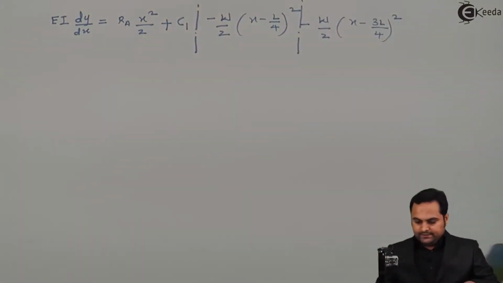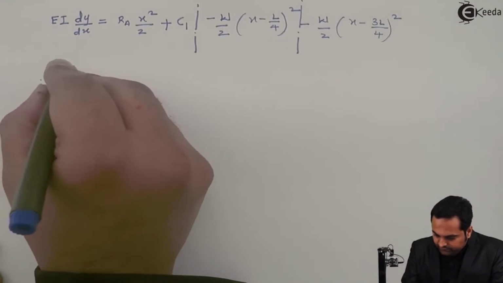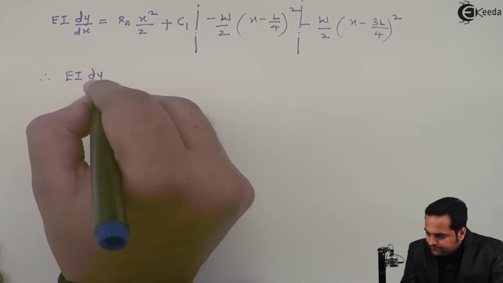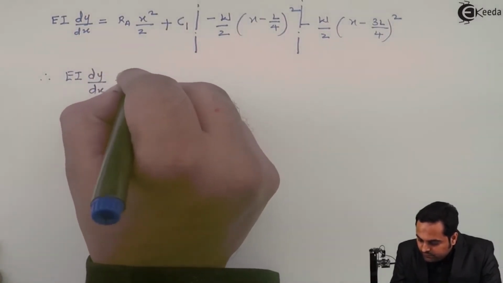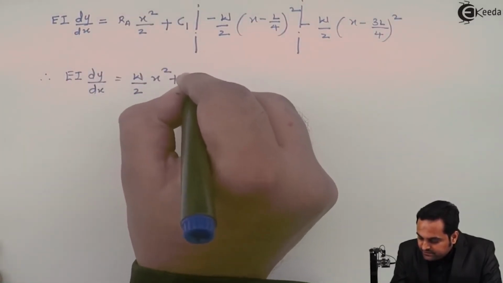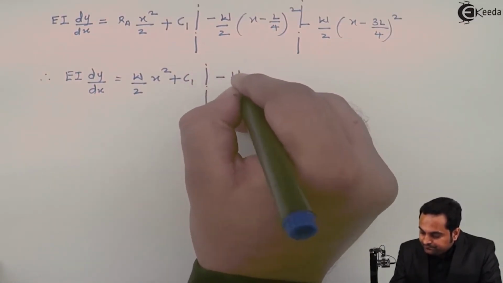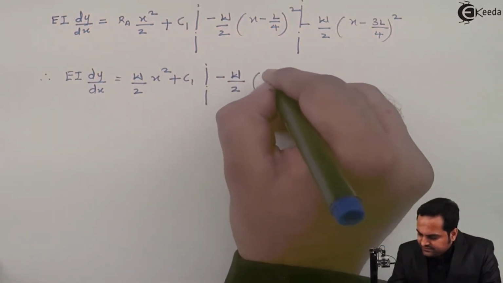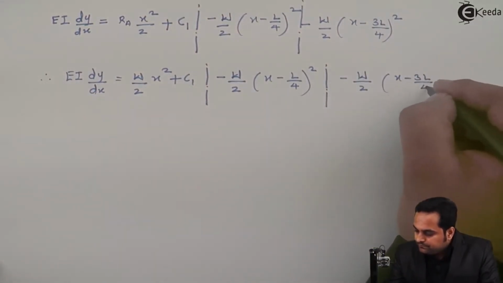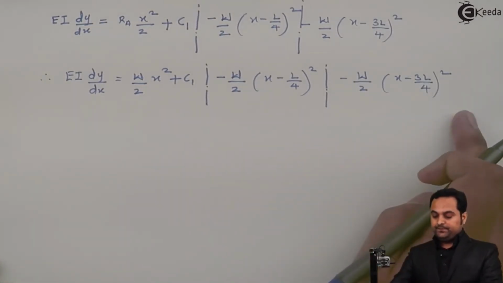Now here I'll put the value of RA, which was W, so therefore I have EI dy by dx is equal to W by 2 x square plus C1, this is the first term, minus the next terms, which I'll write as they are. So after the first integration, I am getting this equation.